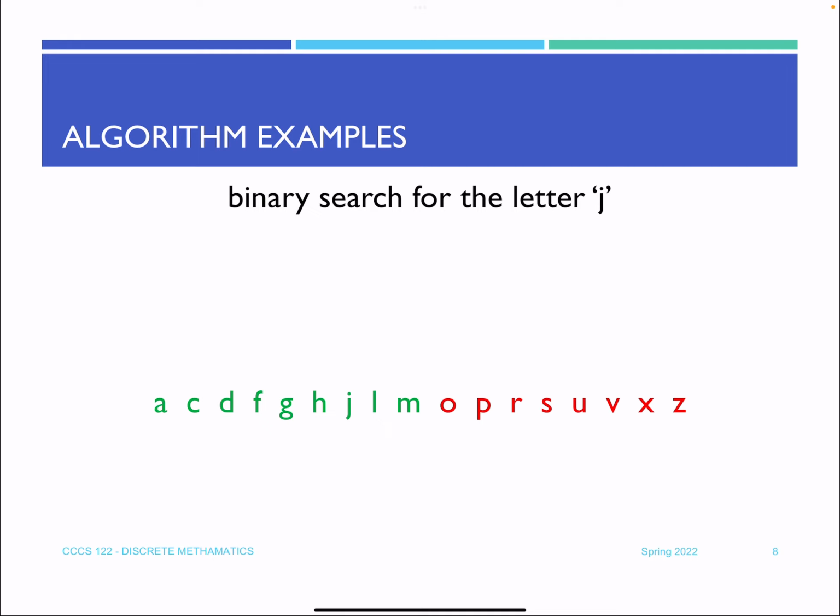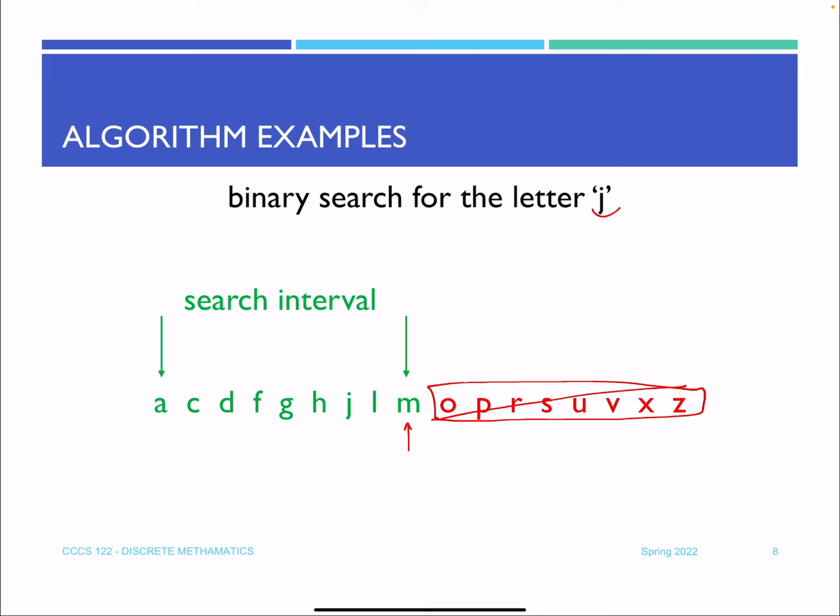If the element that we pointed at is not the element that we're looking for, does it come after the letter that we're looking for or before it? Now, M in alphabetical order comes after J, which means that we know that J cannot be on this half of the sequence. So without looking at them, we can immediately eliminate all elements to the right of this element M, which means if J is anywhere, it is somewhere in this interval now.